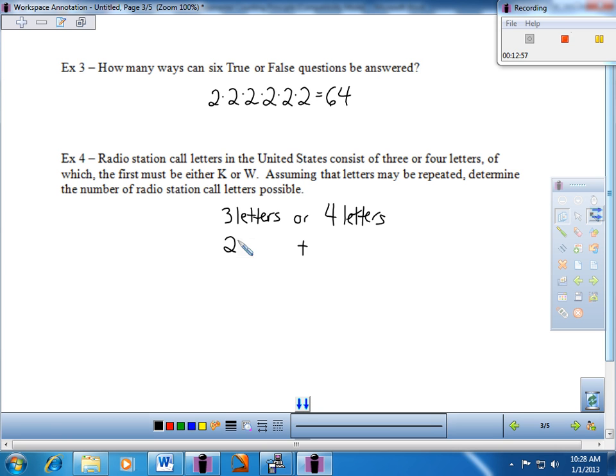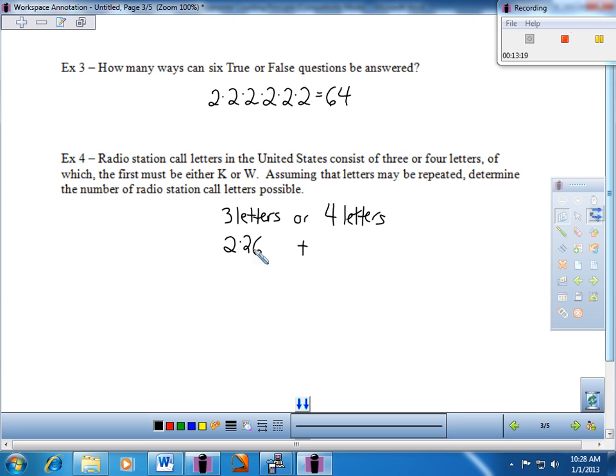And there are 2. It has to be either K or W. Now there are no conditions on the second letter, and repetition is allowed. We'll talk a lot about that over this unit, repeating, not repeating, and so forth. But repetition is allowed, and so the second letter can be any one of the 26 letters in the alphabet.